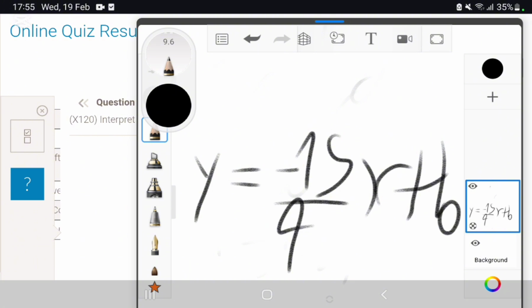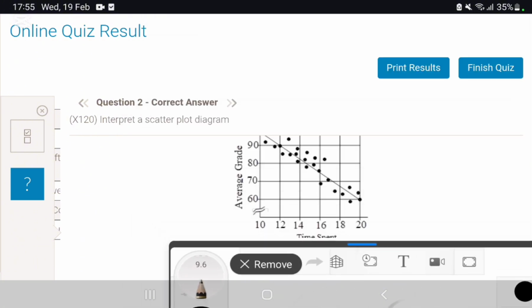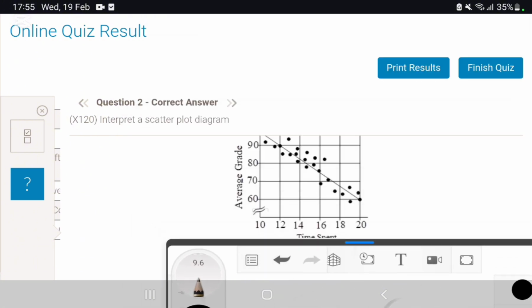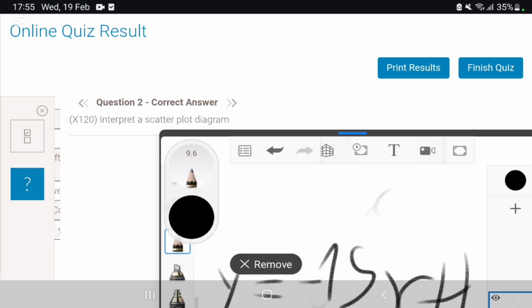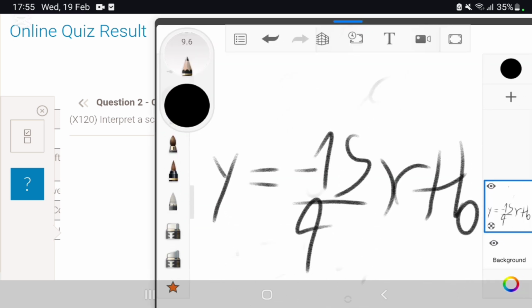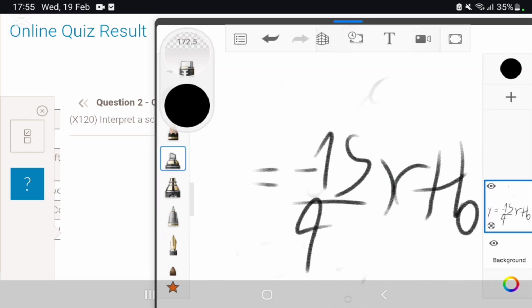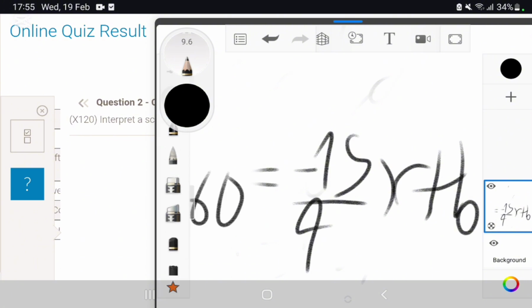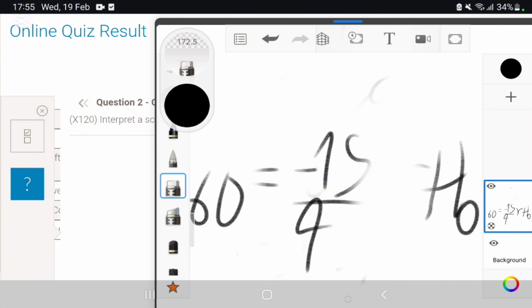Now, to find b, we need to substitute x and y by a point on the graph. Let's take (20, 60). So here, let me remove y. 60 is equal to negative 15 over 4 times 20 plus b.